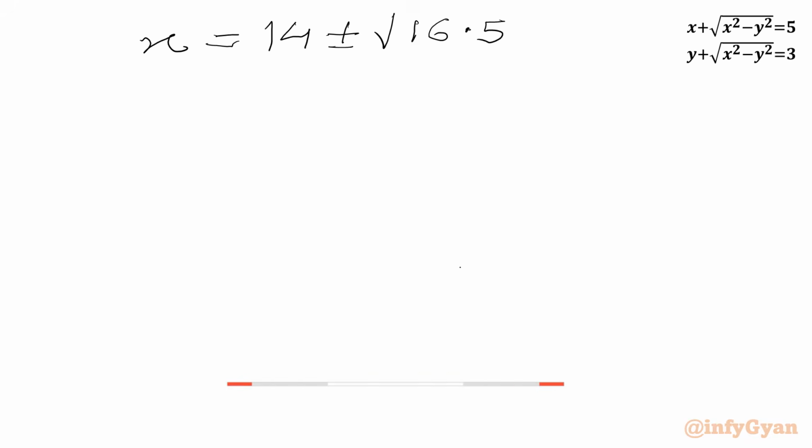So x will be equal to 14 plus minus square root of 16 times 5 over 2. Now square root of 16 is 4.